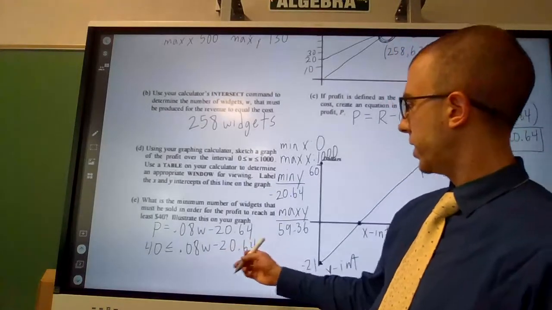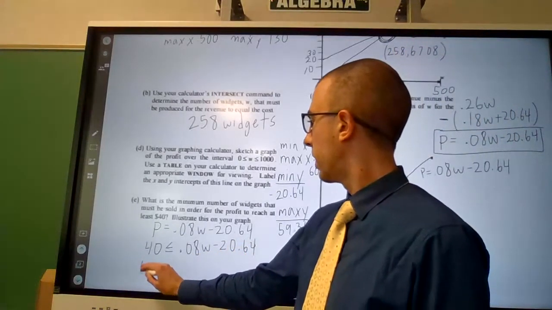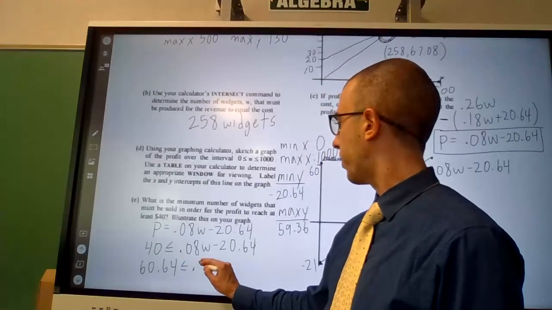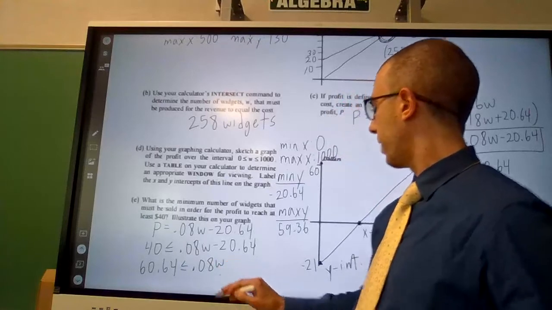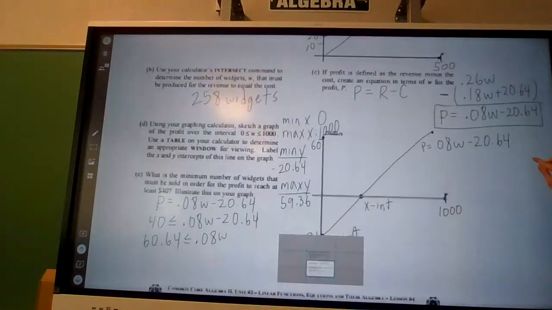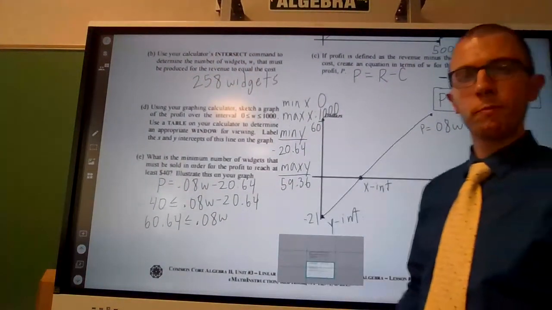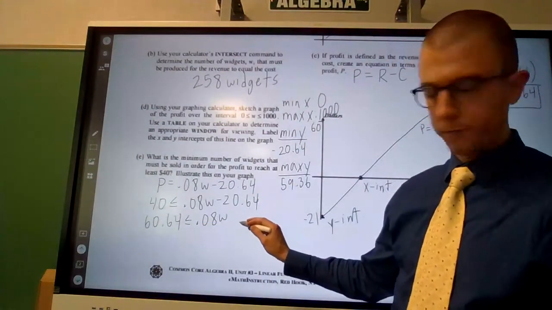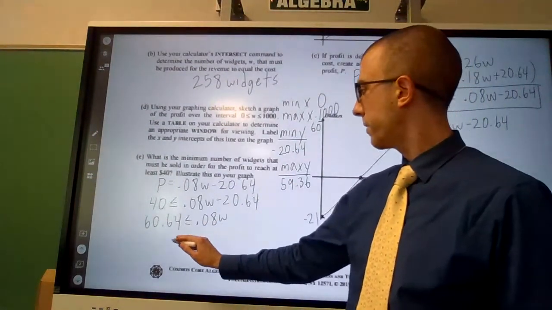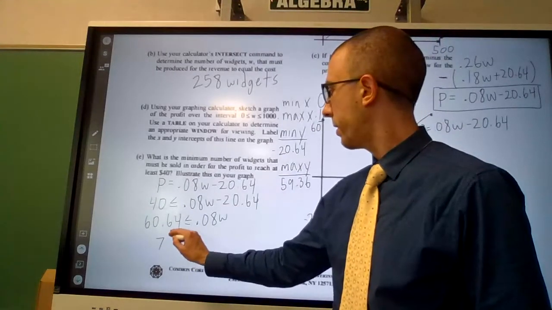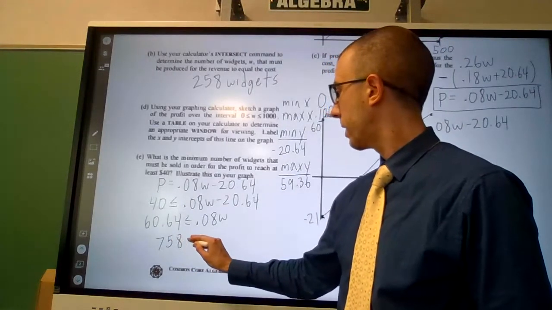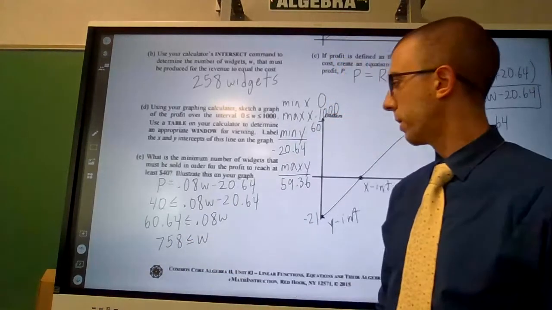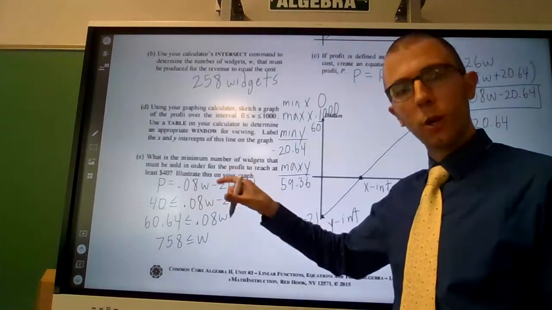Okay, so I'll add 20.64. We get 60.64 is less than or equal to 0.08 W. Now the last thing would be to divide by 0.08 on both sides, and we get 758 is less than or equal to W. So we can turn that around.